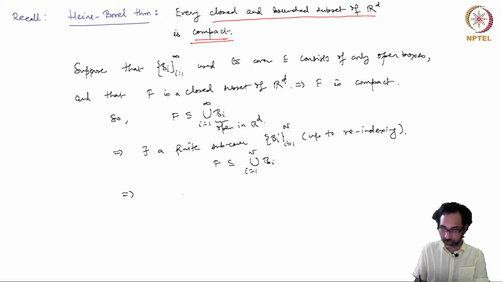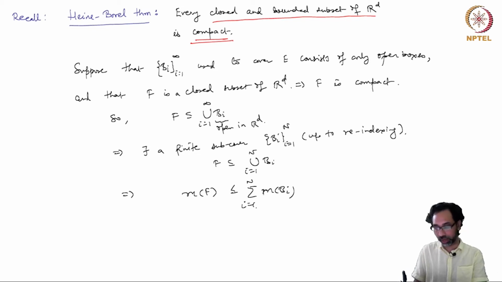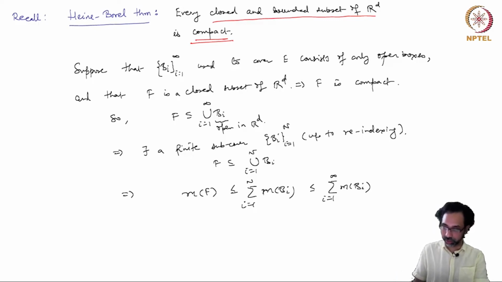So this implies that the measure of F is bounded above by the finite sum for i equal to 1 to n of m(B_i), and this is bounded above by the infinite sum, because we have only non-negative values, so we can extend this sum to the infinite sum i equal to 1 to infinity of m(B_i), and this is then bounded above by m*(E) plus epsilon.